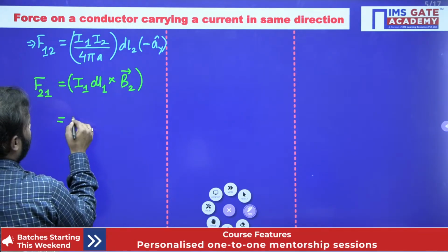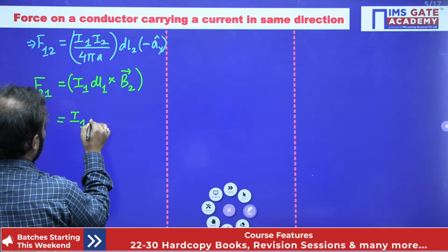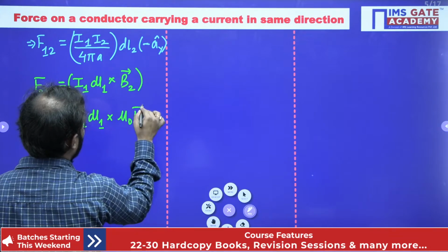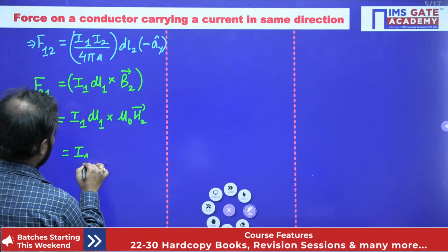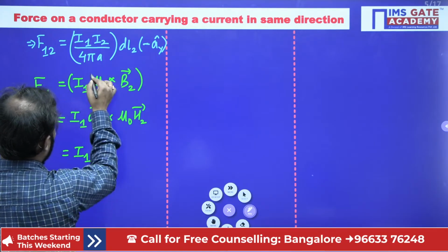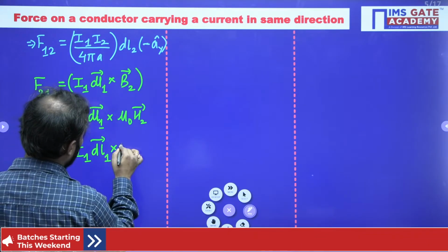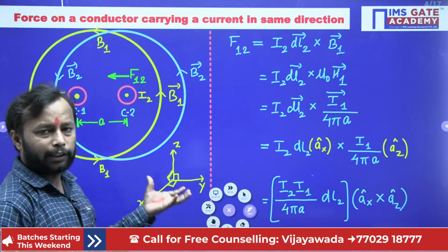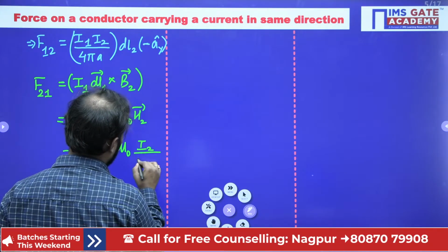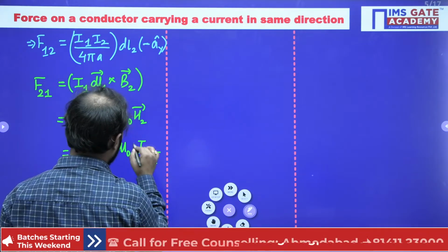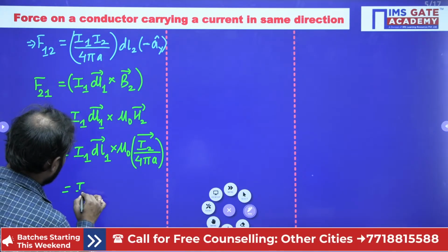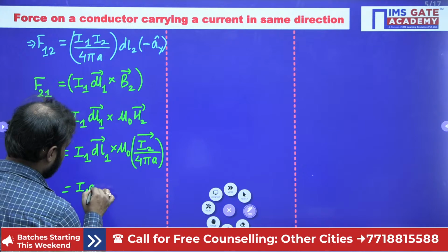Alright, so this is I1 del L1, and B2 is mu naught I2 upon 4 pi A vector. So this will become I1 and this is del L1.